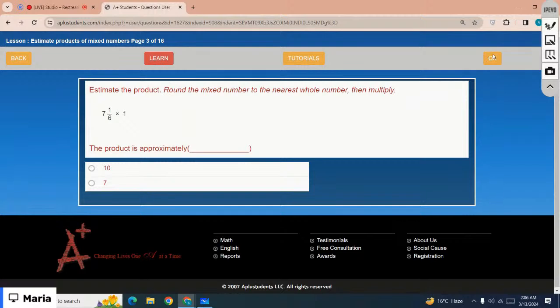It would be rounded to 7. So 7 times 1 is 7. Very good. So 7 is the correct option.